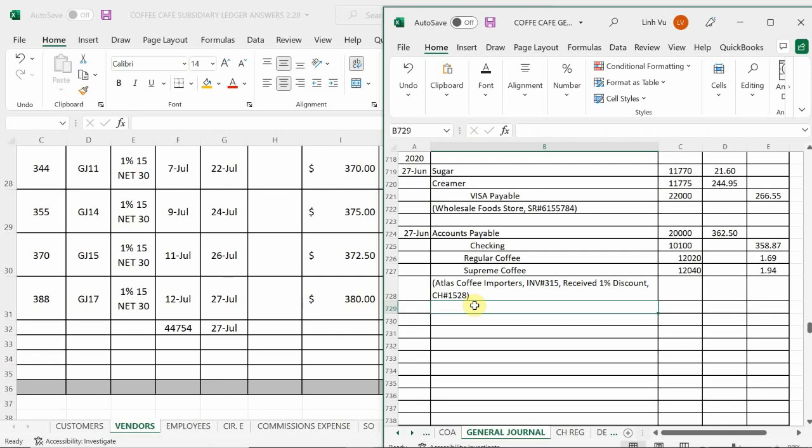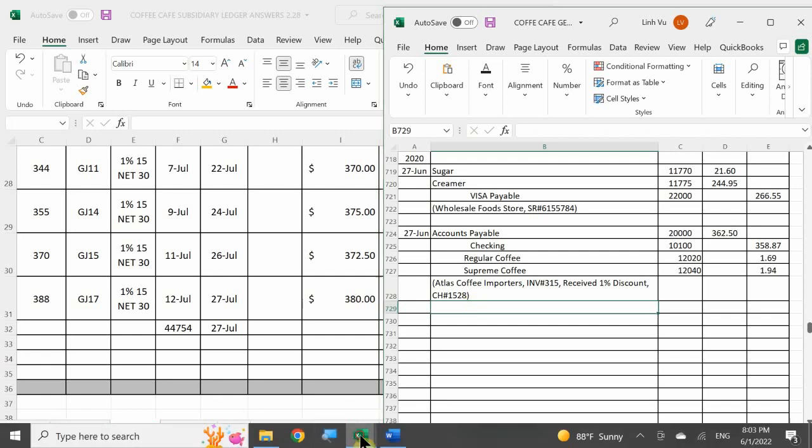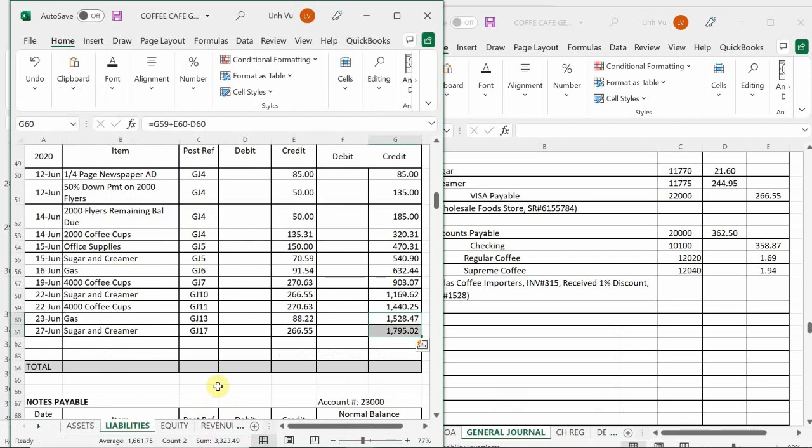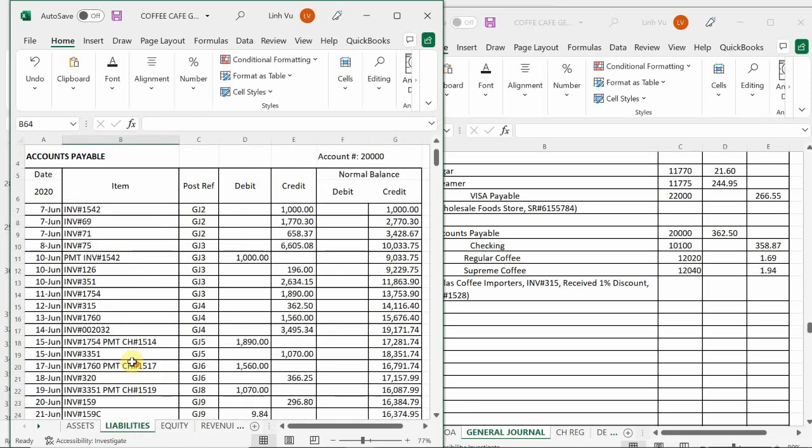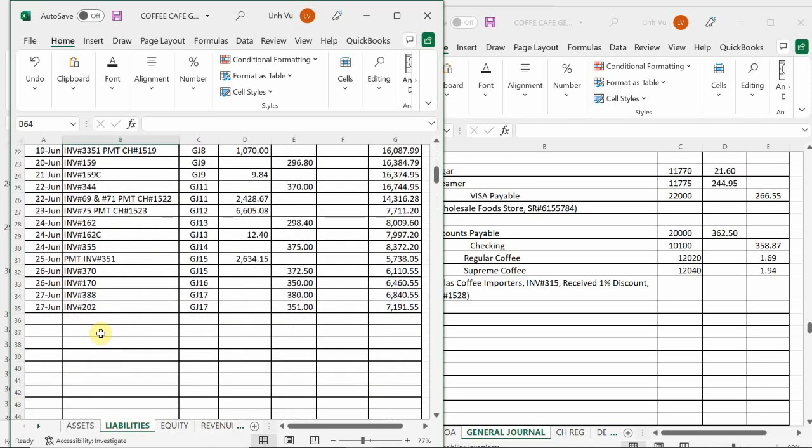So now I need to update my ledger to adjust my inventory accordingly because I took a discount off of the items. Here I need accounts payable since I made a payment to reduce my liabilities. Actually, I had to go ahead and write payment, invoice number 315 with check 1528.